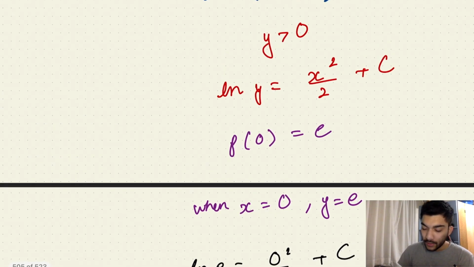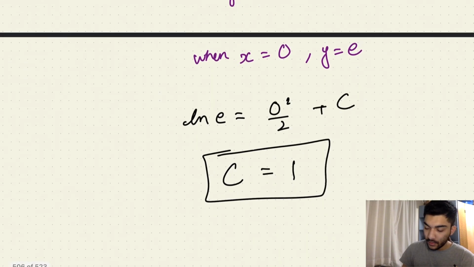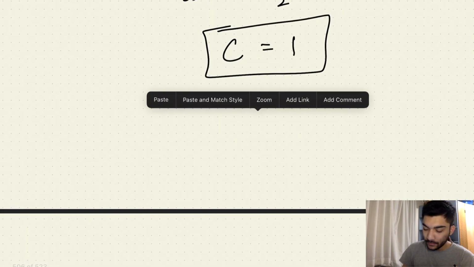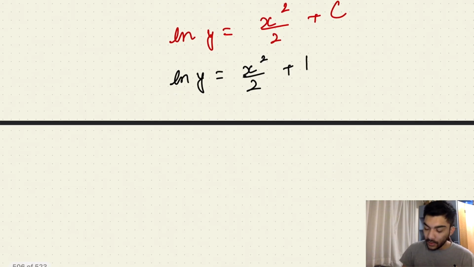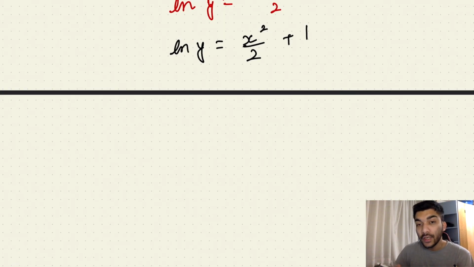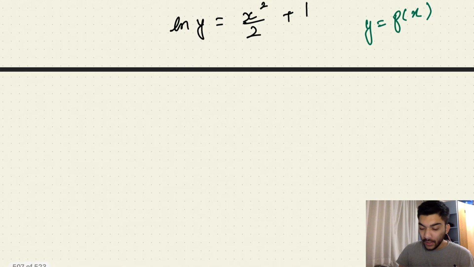And now we can get the final function expression. Our final function would be ln y equals x squared by 2 plus 1. Generally, in order to give the solution to a differential equation, we express the function in terms of y equals f of x, so y in terms of x.